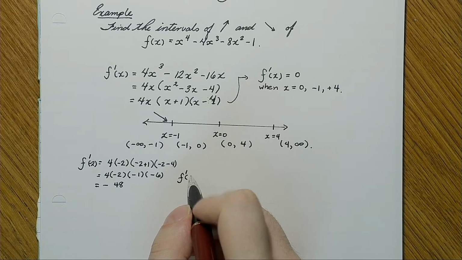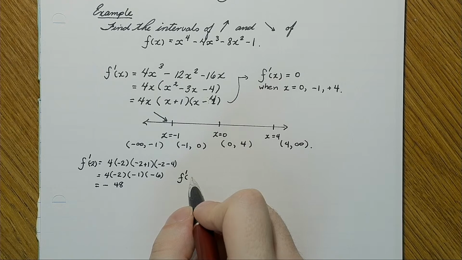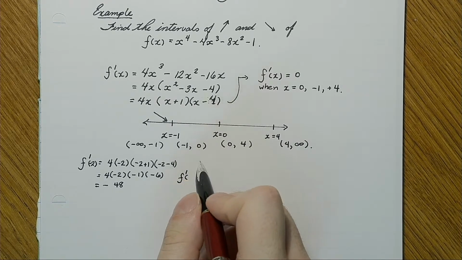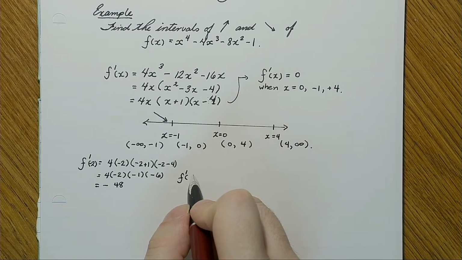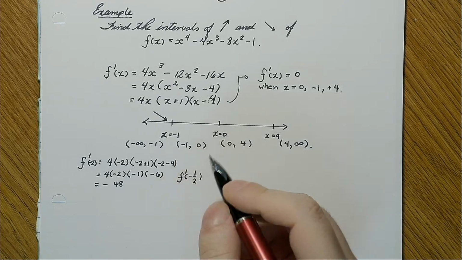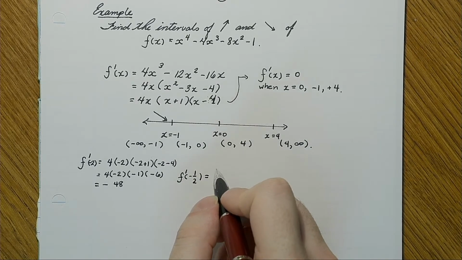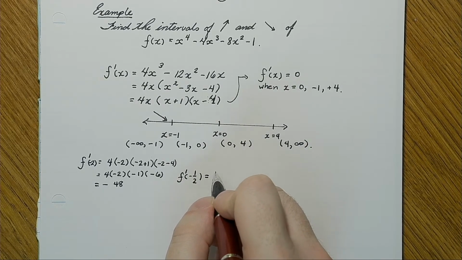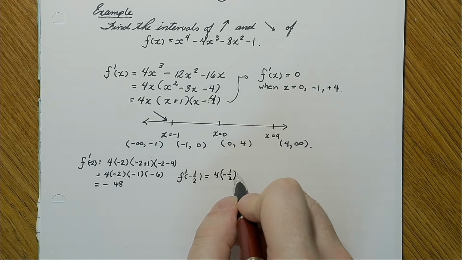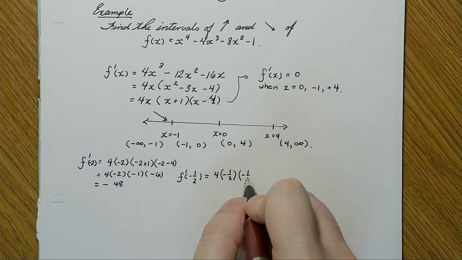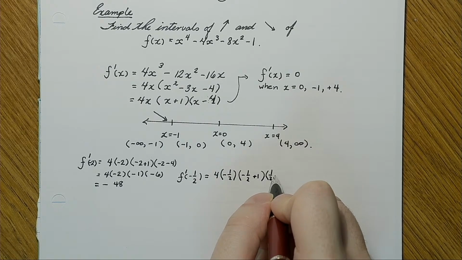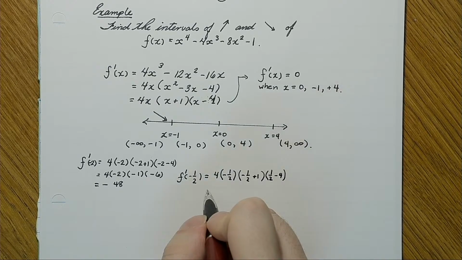For the next interval, I'm not super fond of this one, because I'm going to have a half or something like that. So let's do minus a half. So I get 4 times minus a half, times minus a half plus 1, and then minus a half minus 4.